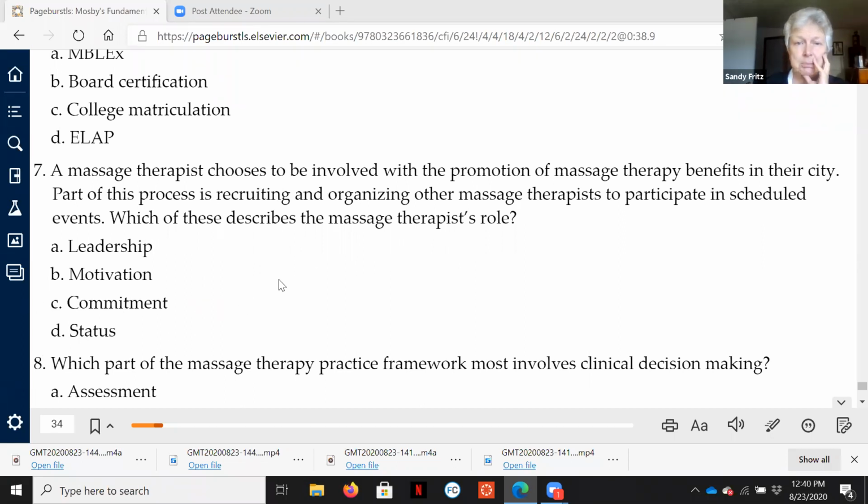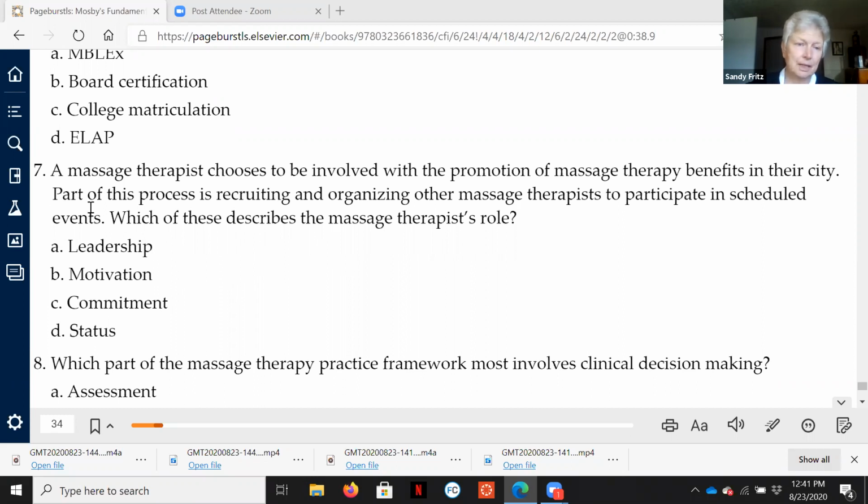Commitment certainly is important because it takes a commitment to the value of massage to go forward and do something like this. So is motivation. You need to be motivated. These are all things that you do inside yourself. They're not necessarily a role. They're not externalized. Leadership is a role, and that's what makes this the right answer to this question.